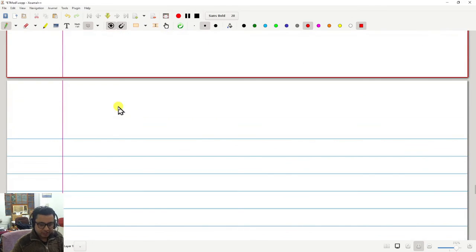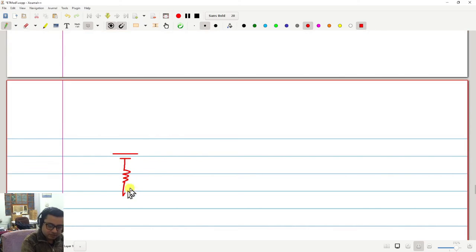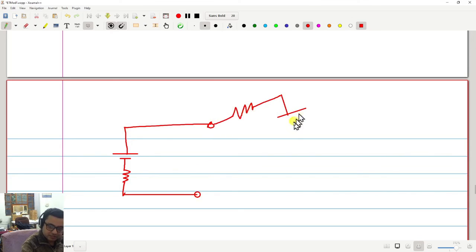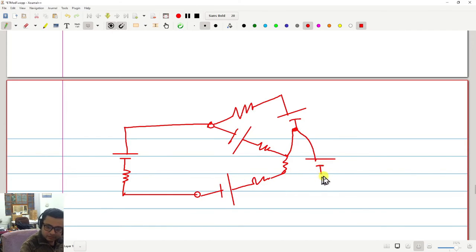Suppose you have a larger circuit, and many things are connected, interconnected, as many things as you like. Maybe let me also put some current source.